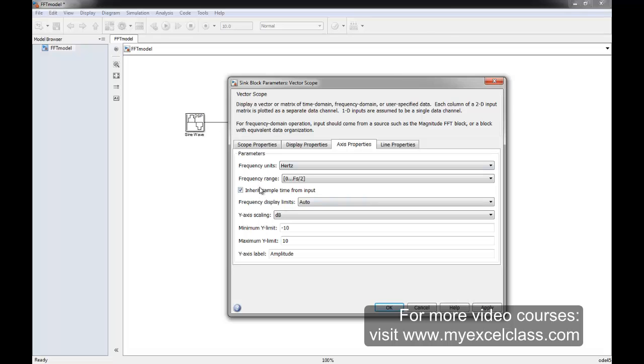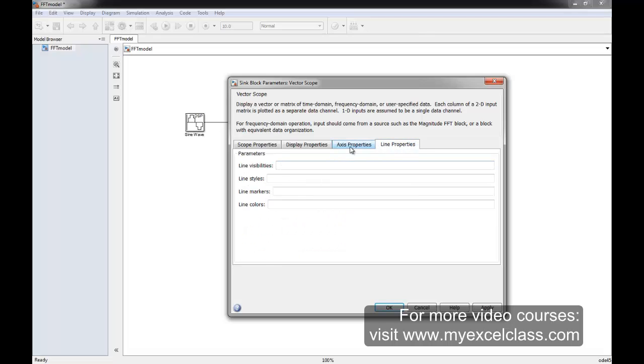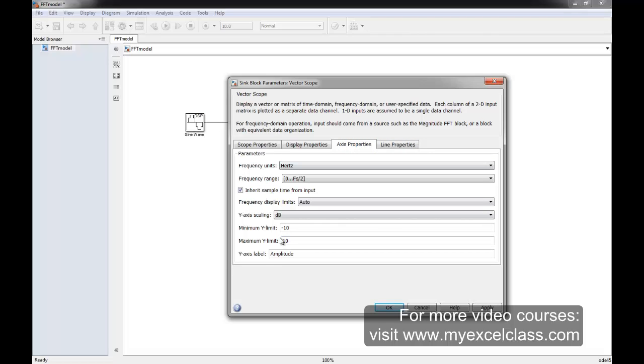Frequency is in hertz. That's fine. And your amplitude scaling, I don't see amplitude scaling in here, so x axis scaling, okay. Inherent, okay, frequency limits, magnitude, okay.